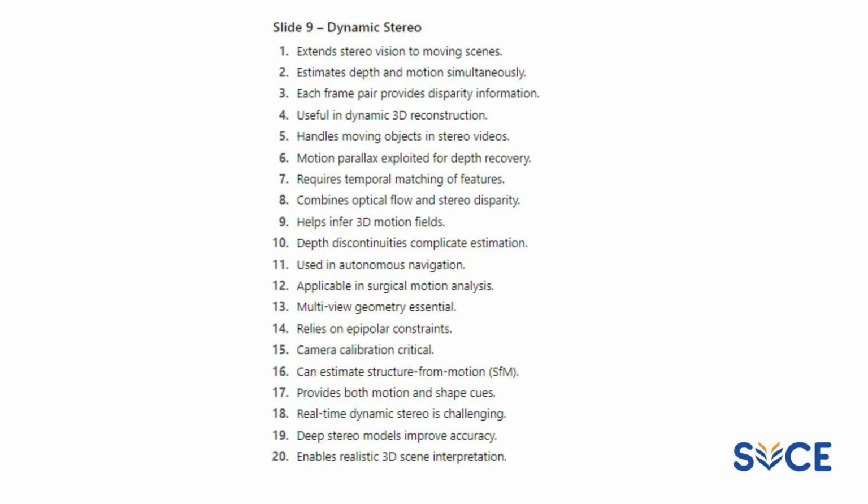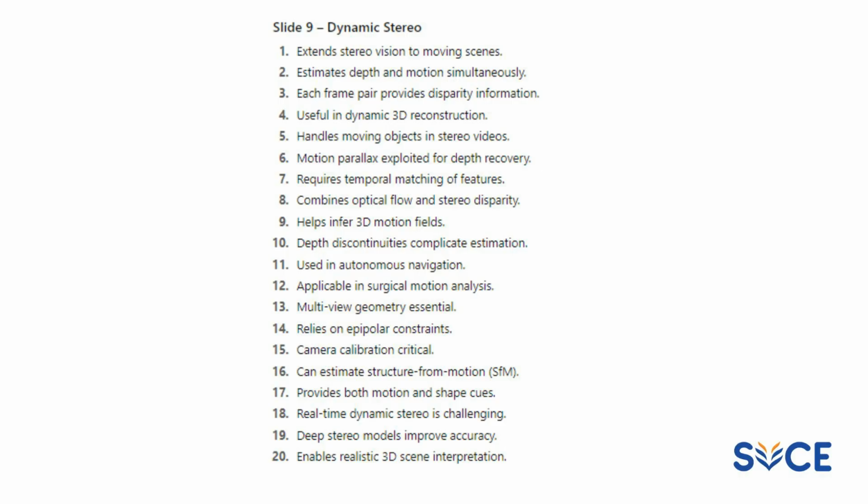Here the basic key concept of stereo vision: traditional stereo vision uses two cameras, left as well as right, to capture the same scene from slightly different viewpoints. By matching the corresponding points in the two images, the disparity, the difference in position, is calculated.